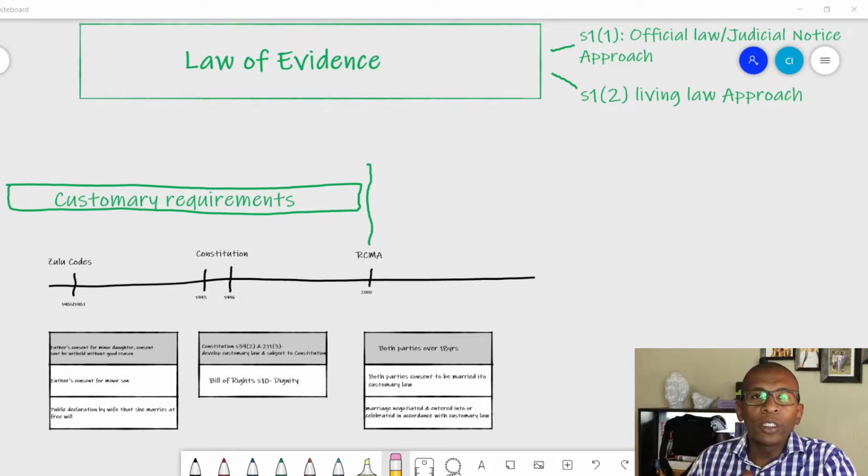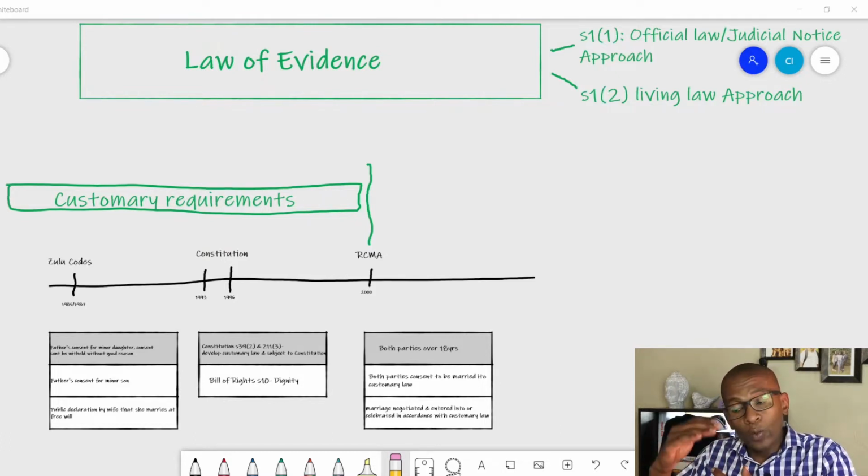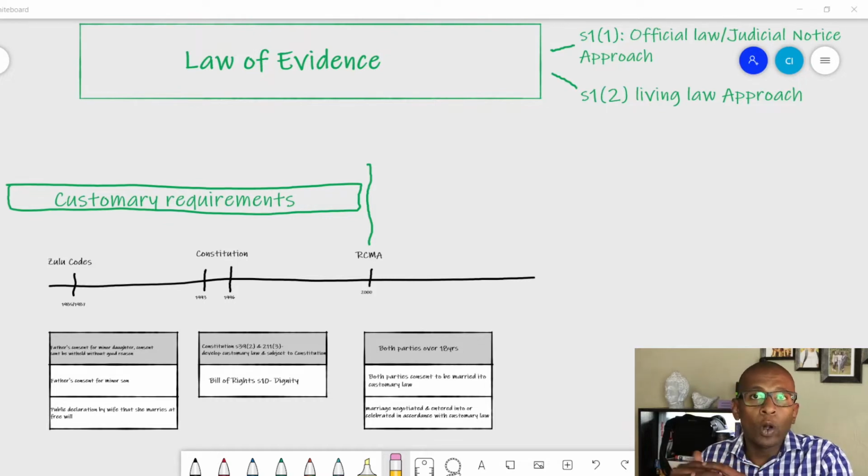Now, without going into details for our purposes, the official law is if something is written, if they say it is written that in terms of customary law, these are the requirements, then it's straightforward, and then the marriage can be recognized, or at least easily ascertainable. Things like, for example, the settlement of lobolo. So those things are much more defined. Therefore, that becomes official law, and if a requirement in terms of that official law hasn't been met, for example, lobola, then there is no marriage.